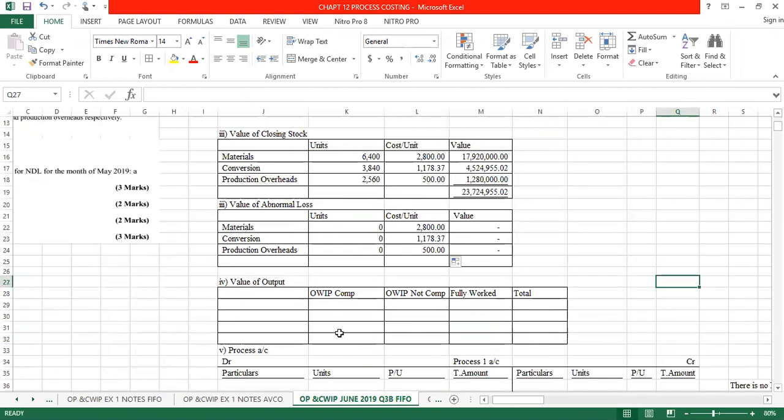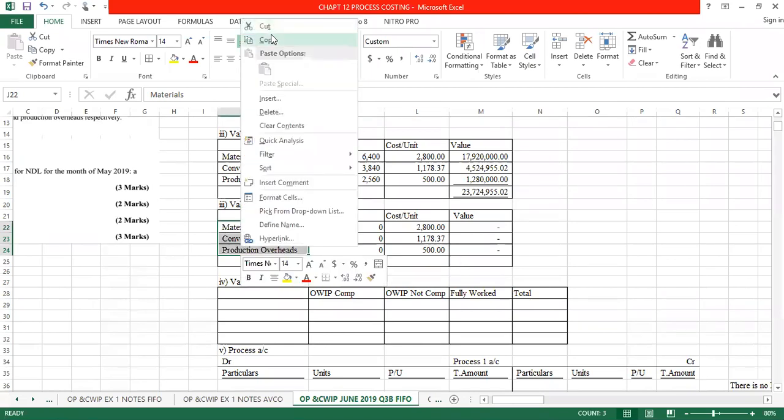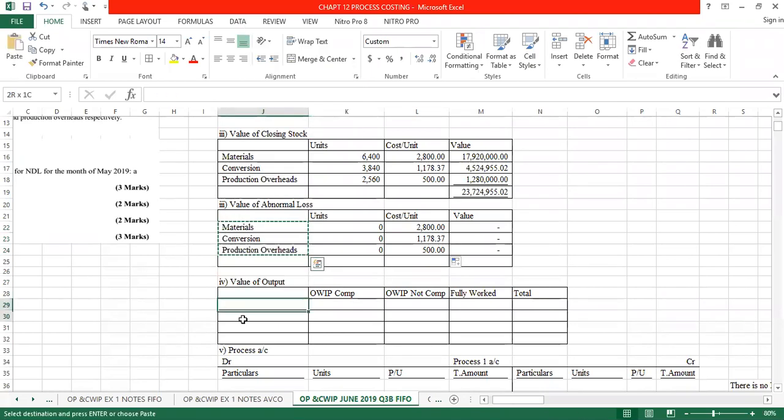Next, value of output. Now I think you have memorized it. Value of output is opening completed.